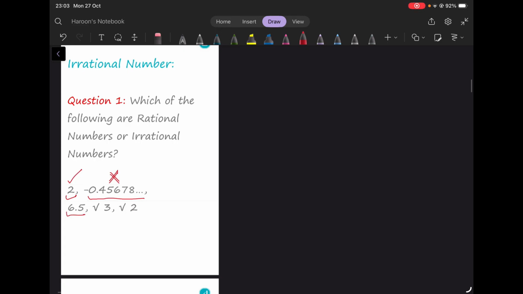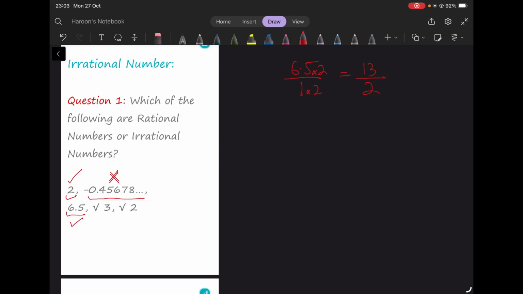6.5, all terminating decimals are rational numbers, so this is also rational. You can see if I take 6.5, this can be written as 13 divided by 2. So you can see I wrote 13 divided by 2 over here, and 13 divided by 2 is in the fraction form a over b, where the denominator should not be 0.